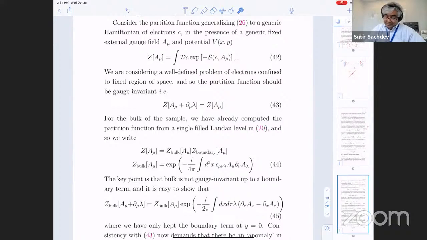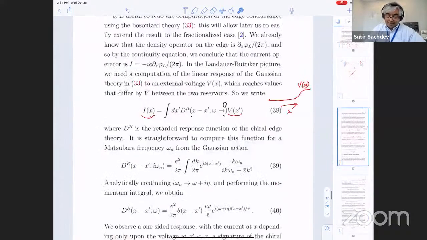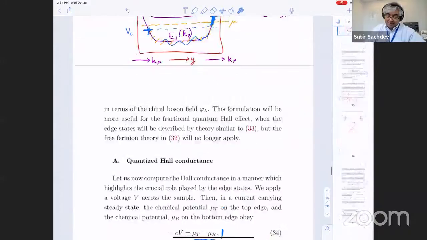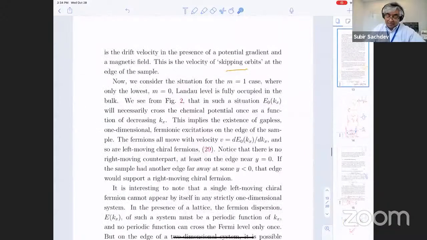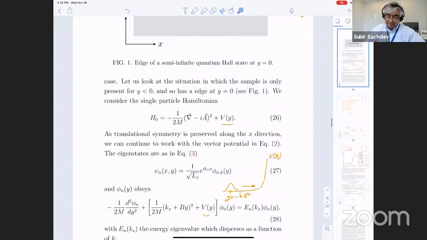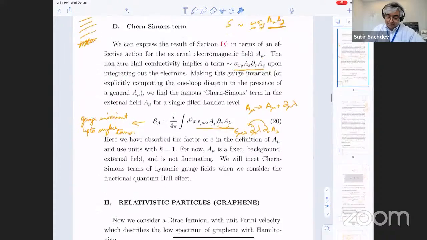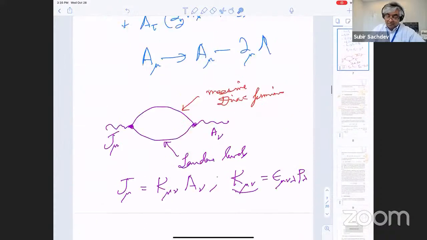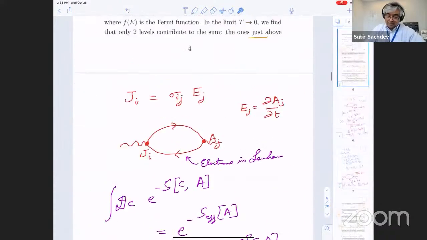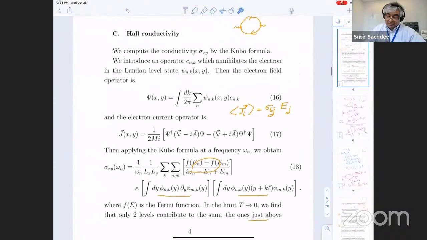So what was that? Well, that was way back here. What we showed was that if you had a sigma xy, and we discussed this a little bit more in the discussion section the next morning, I think. Right, maybe I can review this again.